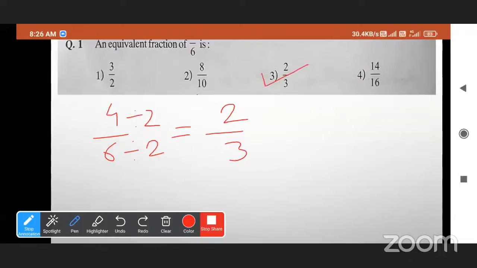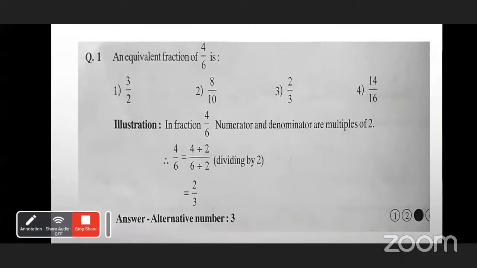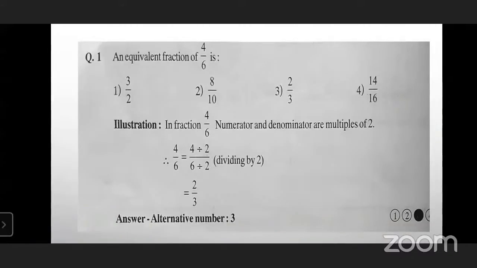So the third option is right. See here the explanation. In fraction 4 upon 6, numerator and denominator are multiples of 2. So we will divide both numerator and denominator by 2. So by dividing by 2, we will get 2 upon 3. So the answer is the third one.